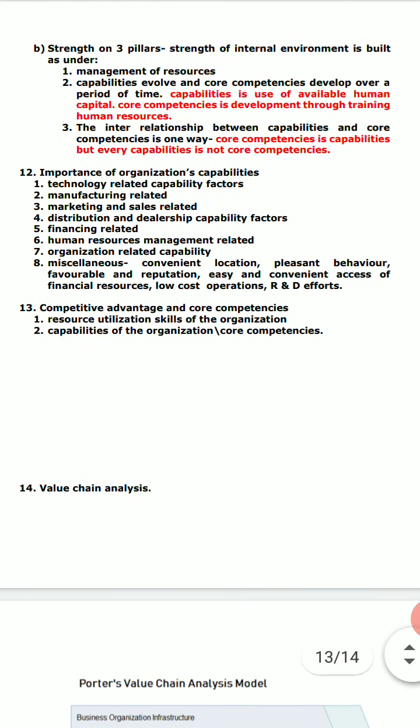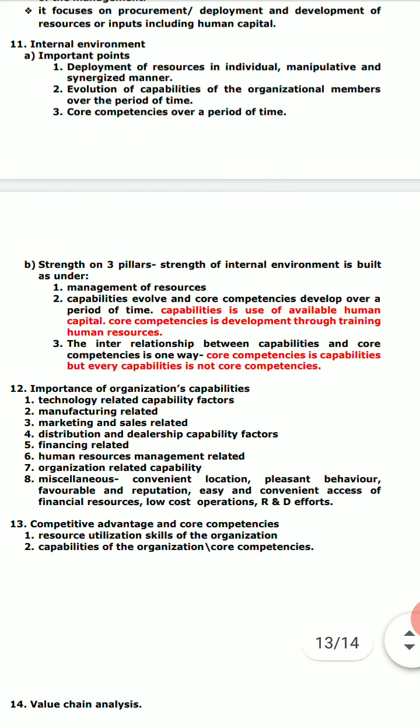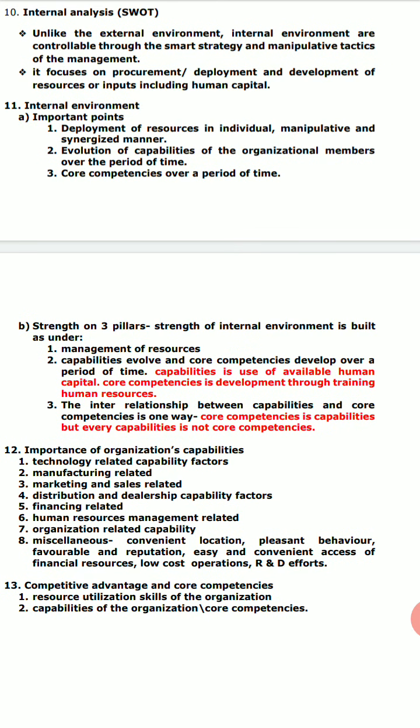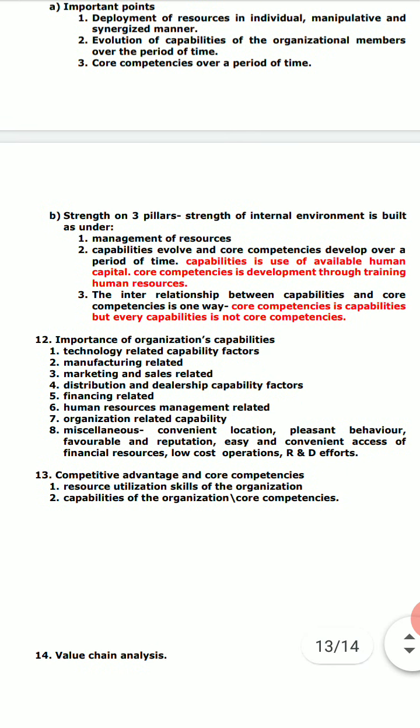So here, what we have studied are the two things that we have checked out. When we are dealing with the internal environment, we have to find out the strengths and weaknesses, right? When we are diagnosing, evaluating or analyzing the internal environment, three points have to be kept in mind: deployment of resources, evolution of the capabilities, and the core competencies over a period of time.